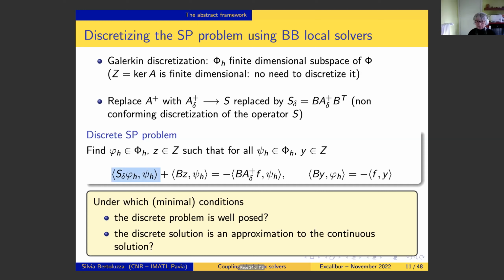And I ask myself under which minimal conditions, possibly minimal conditions, can I ensure that the discrete problem is well posed and the discrete solution is actually an approximation to the continuous solution of my original problem.